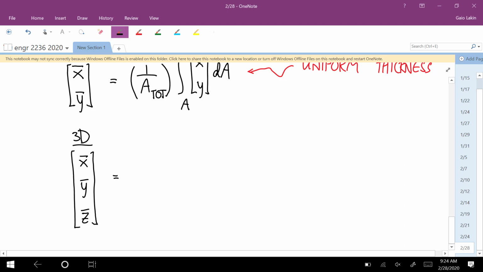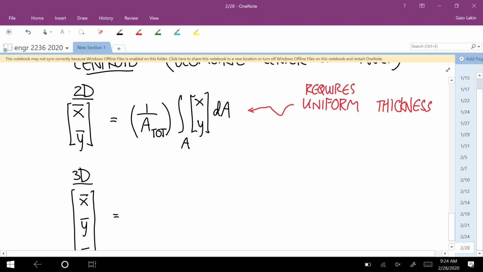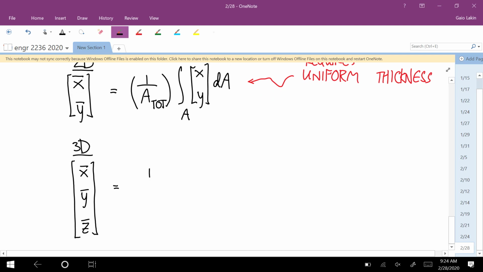Where we were talking about area for the 2D, now we're talking about volume. So 1 over the total volume times the integral over the whole volume of x, y, z, d volume.